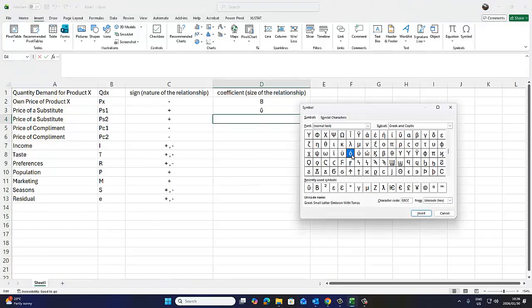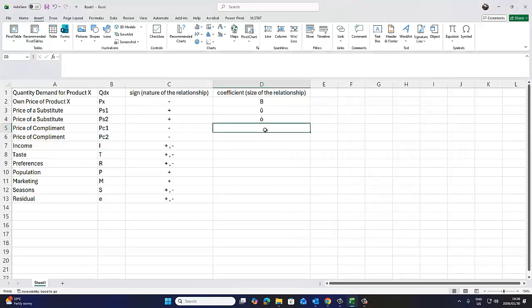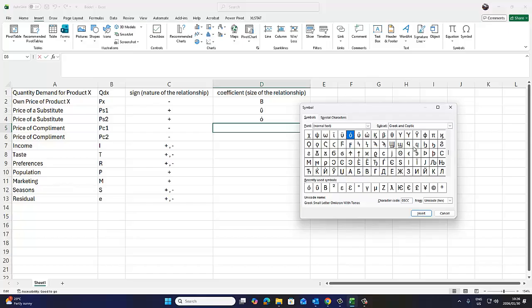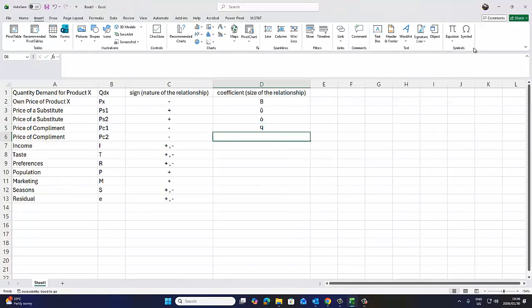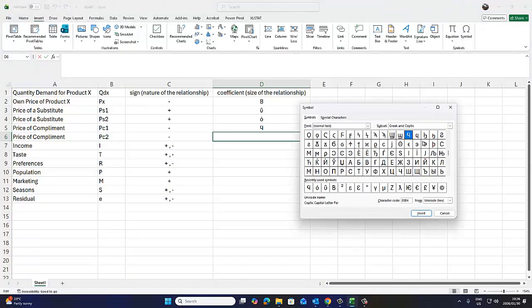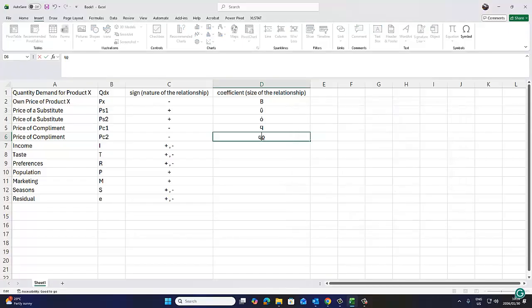It doesn't have to be specific ones. Insert, close, price of complements. Let's do that one there. Price of a complement. Close. And then income.